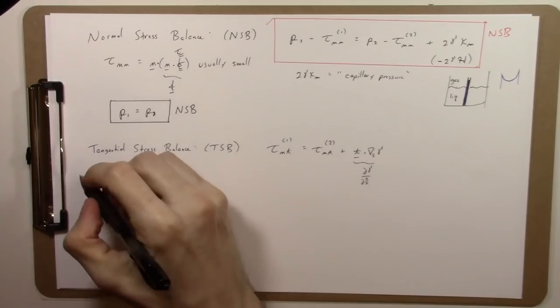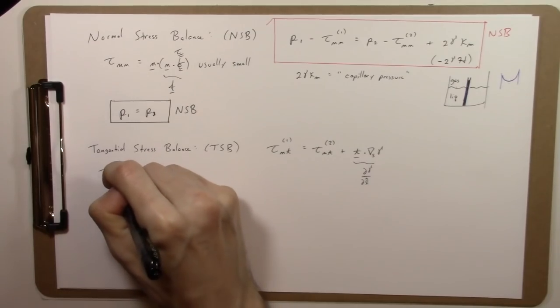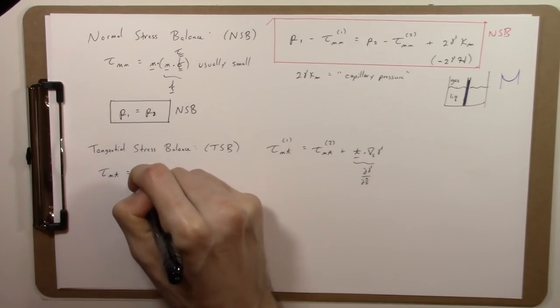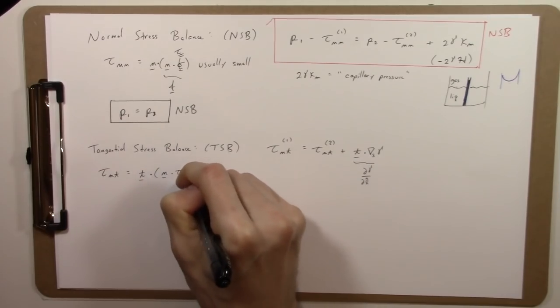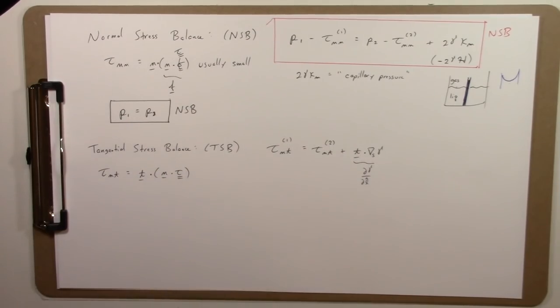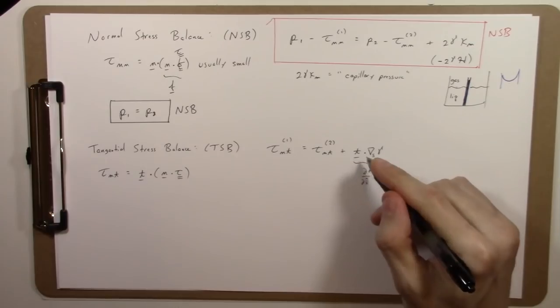So what is this? Tau nt is the tangent vector dotted with the stress. The stress is n dot tau. And what is this term here?